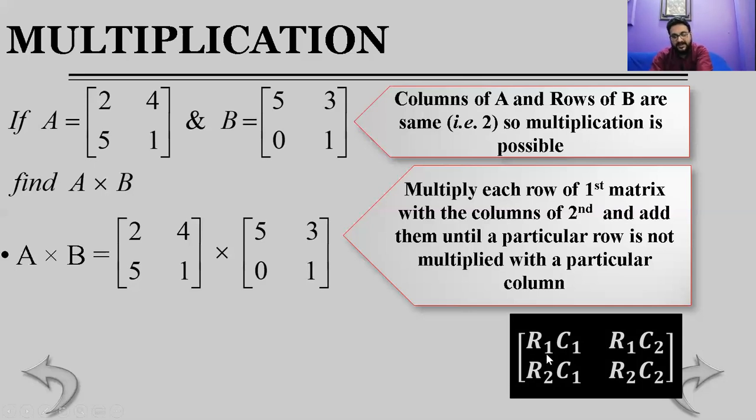So the formula is, there are 2 by 2 order. So multiplication is this, that R1 multiplied by C1. First thing is show the first matrix, and second thing show the second matrix. It means the first matrix is A and the second matrix is B. R1 multiplied by C1. You can see this, R1 multiplied by C1.